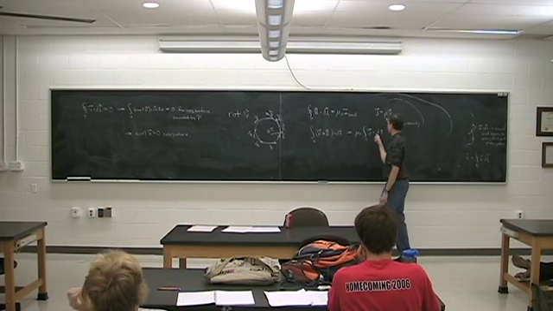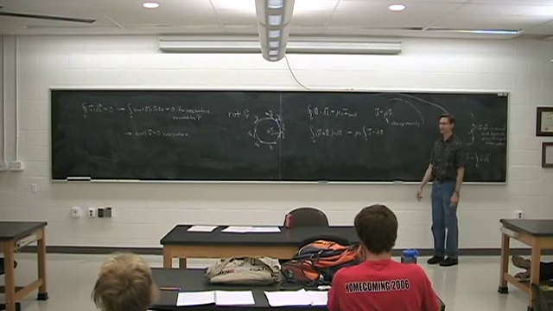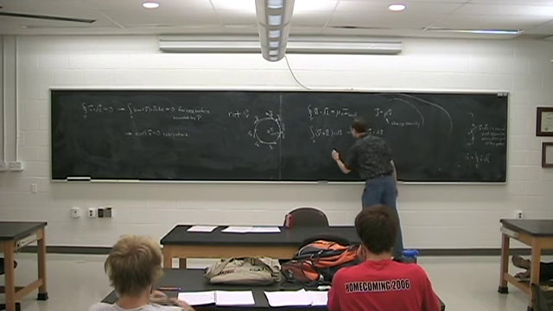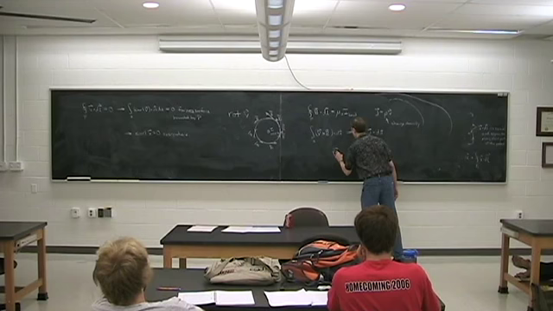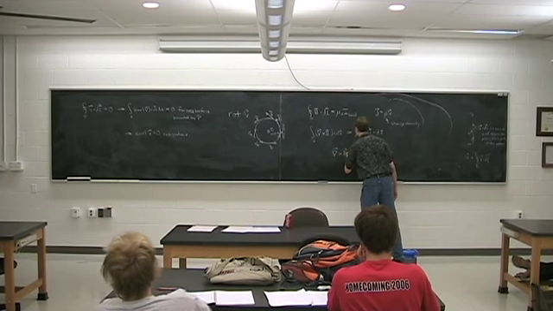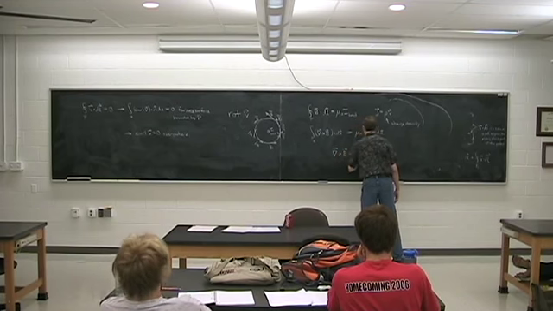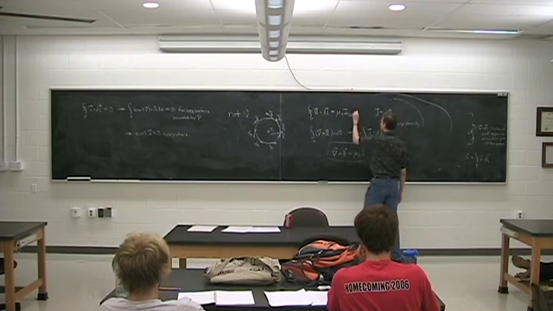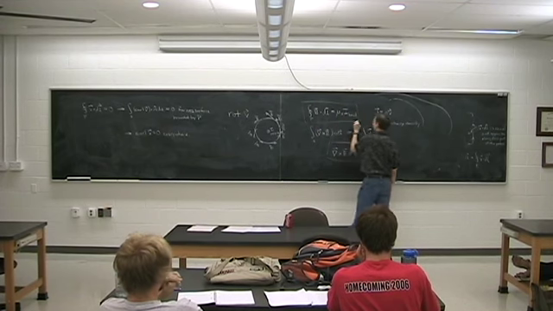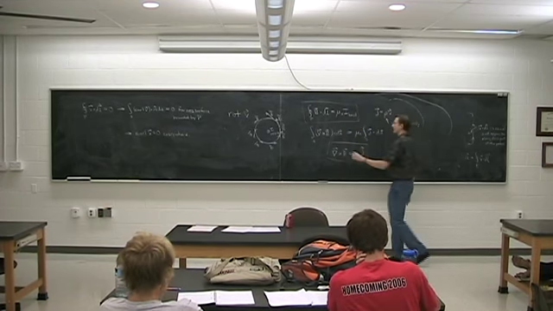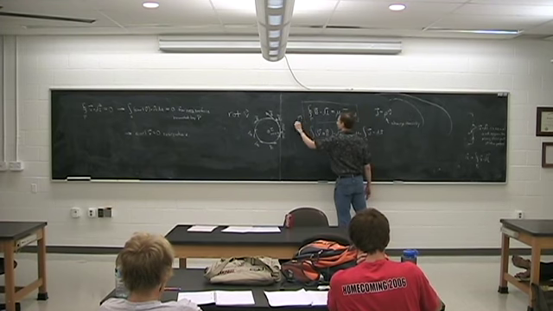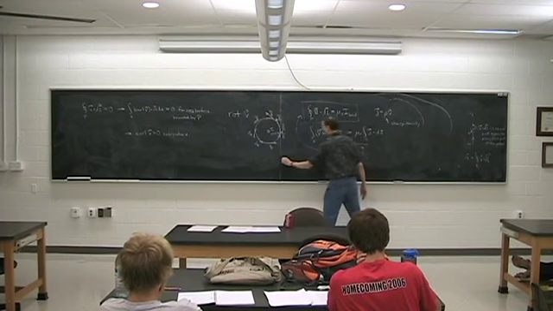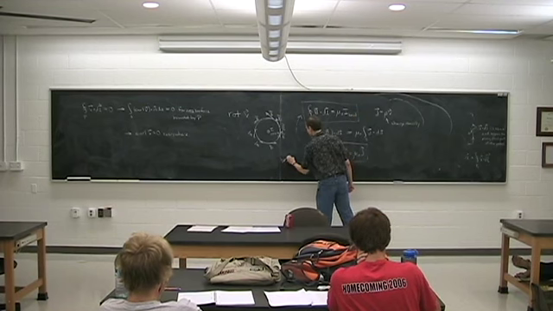And since this is true for arbitrary surfaces, this means that the differential form of Ampere's law is that curl B is equal to mu naught J, where J is the current density. So just like we had an integral and differential form of Gauss's law, there's also an integral and differential form of Ampere's law.